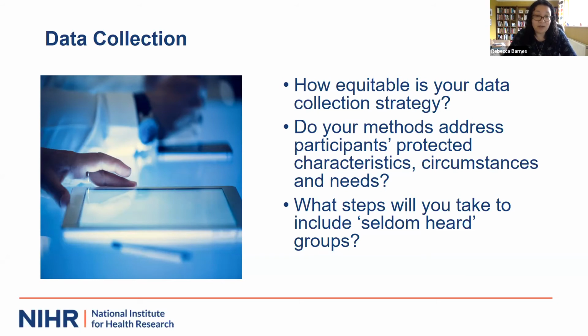That might include whether you need to translate any documents into different languages or produce videos in different languages, given that not everyone is going to be literate in the language that they speak. Using interpreters, and some of the protocols around using interpreters, so the need for thorough briefing and debriefing.